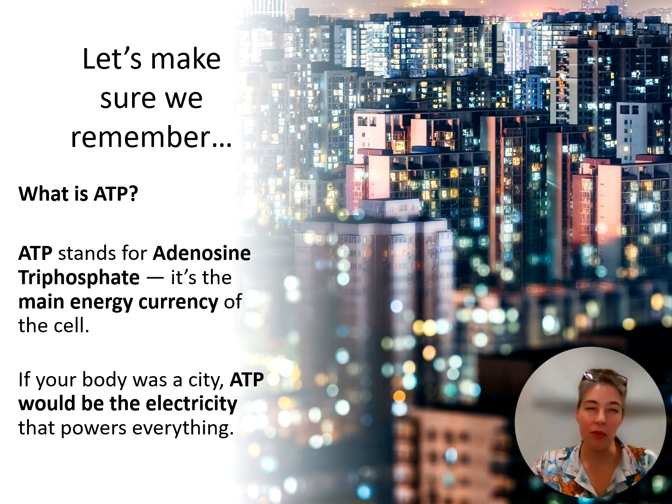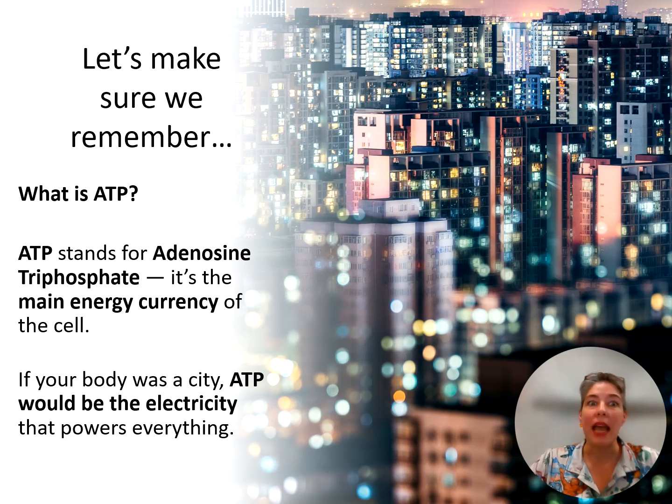This breaking releases energy for the cell to use. I know some of the words, and I am not great at pronouncing them myself, but it's that breaking that causes that release of energy, like a little mini bomb going off to give you that energy.